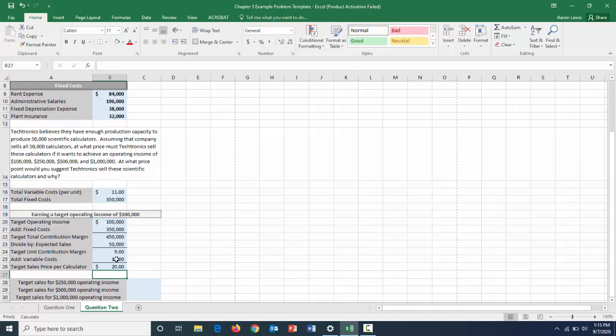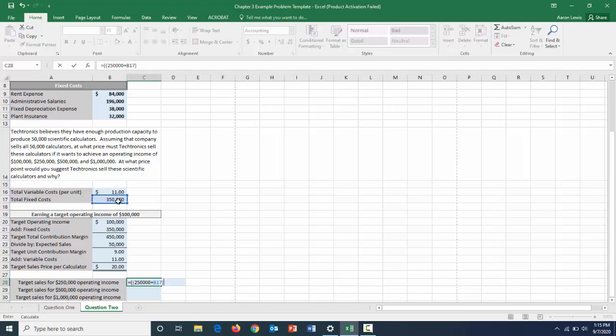How about for these other points, $250,000, $500,000, and $1 million? Well, we can figure that out too, but instead of doing a table, we can just do it via a formula. And in said formula, what you want to do is start with equals, open two parentheses, and it's going to be starting with your target operating income, in this case $250,000, and adding to it your fixed costs, $350,000.